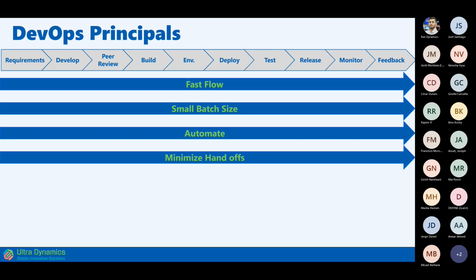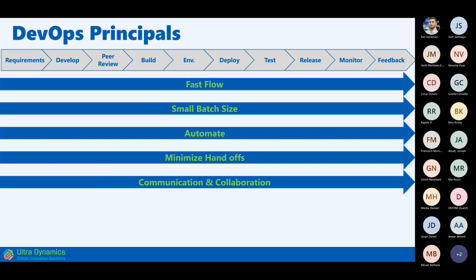For example, a tester raises a bug and doesn't put enough information, so it has to go back to the dev team, then back to the tester. So if you're handing off, make sure the next person in the line has everything they need to take that forward without having to come back to you, ideally.